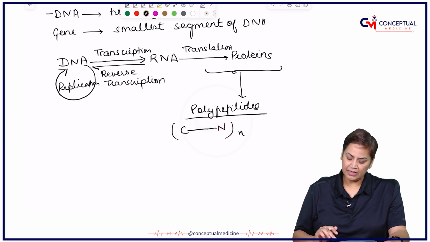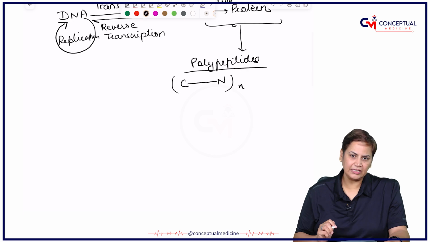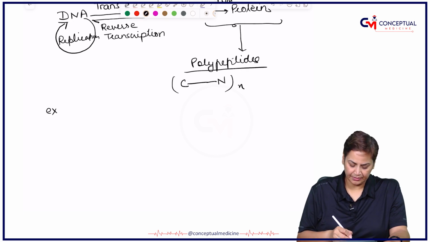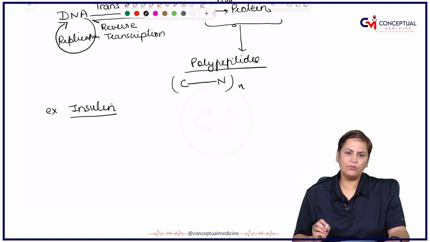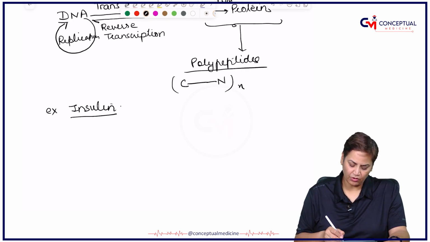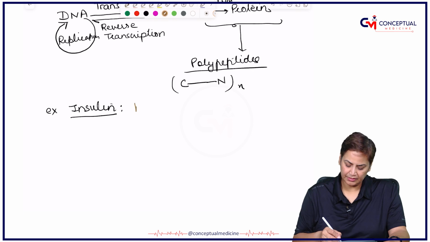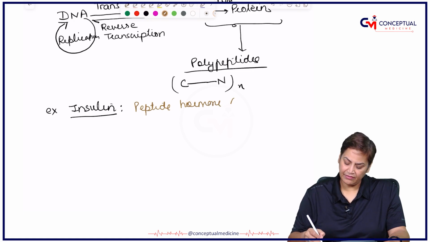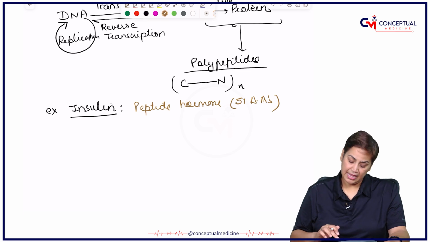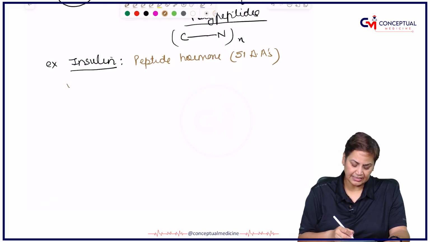Okay. Now the question is, let's say for example, if I talk about insulin. In general, what is the function of insulin? First of all, insulin is a peptide hormone, which has 51 amino acids. And what is the function of insulin? It is an anabolic hormone.